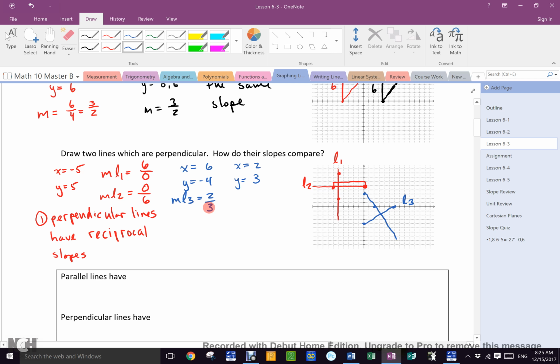Agreed? Everyone agree? Okay. Now, what is line 4's slope? I went down 3 and over 2. So it's negative 3/2, correct?